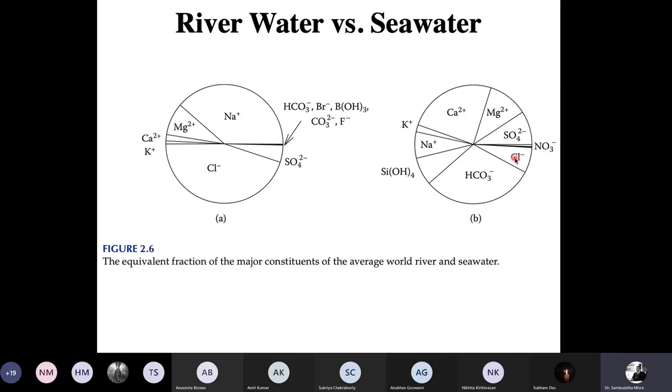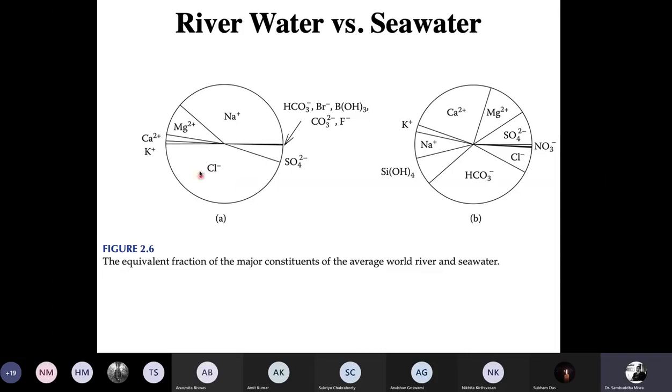Now, why is this the case? Why do we find certain elements at a very high concentration in river water, but not in seawater? And we do find sodium and chlorine in very high concentration in seawater, but not in river water. This is purely a function of reactivity and biological utilization of the elements.